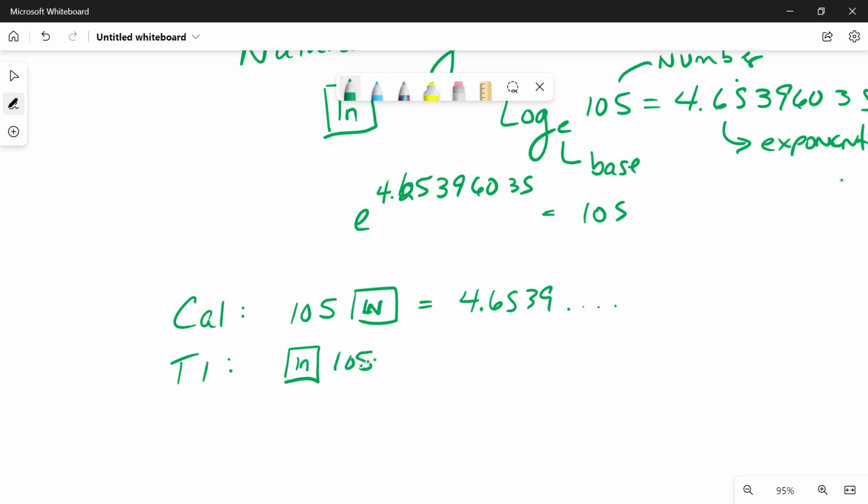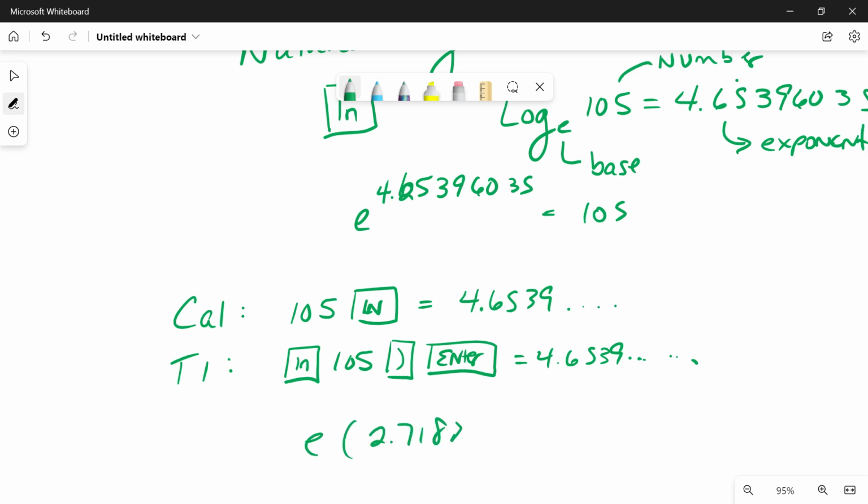I actually have to key in an ending parenthesis because when I hit the natural log key, it starts a parenthesis. So I put the finishing parenthesis and then I hit enter. It's going to give me 4.6539, etc. What that's telling me is e, which is 2.71828, etc., raised to the 4.6539, etc., equals 105.